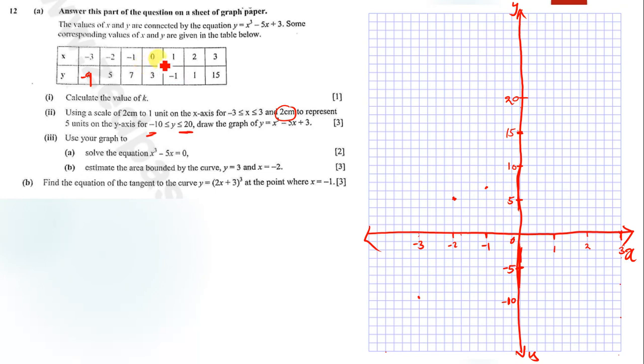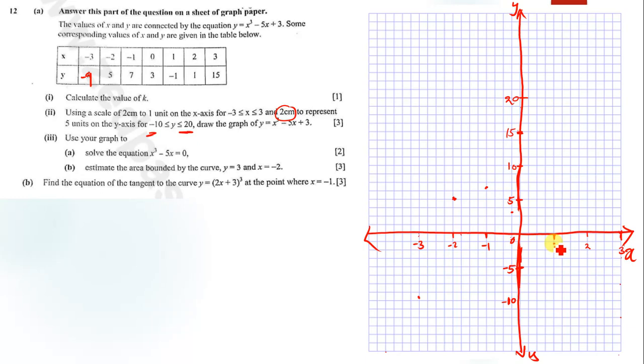And then 0 comma 3. If this is 5, 3 can be somewhere. So 2.5 is there, so 3 can be somewhere there. And then we have 1 comma negative 1. This is 2.5, negative 2.5, meaning negative 1 can be somewhere there.